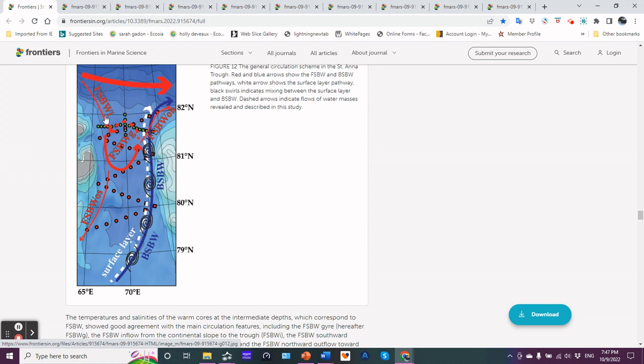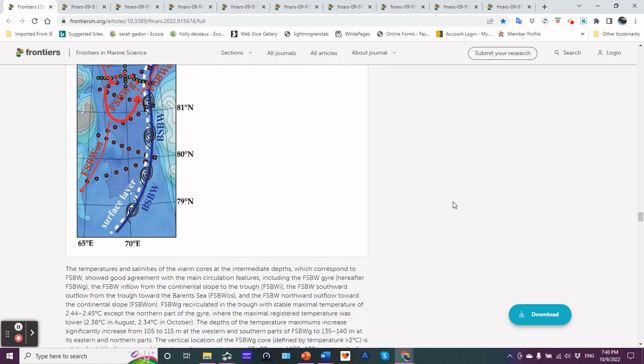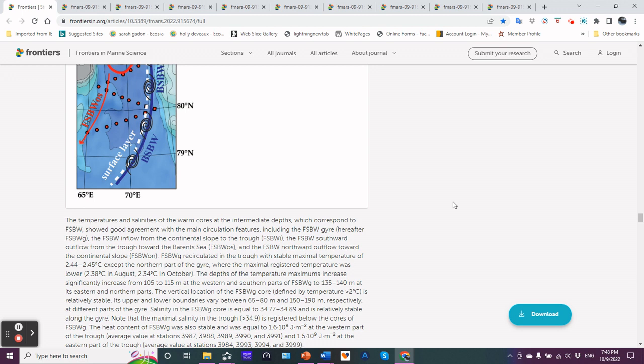So here's the input, branching off from the main Fram Strait inflow, kind of spins around a bit in there. Then we spit a little bit out to the south, and we spit a little bit out to the north. It joins up with the Barents branch and continues on its merry way.